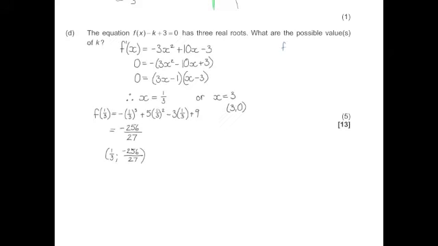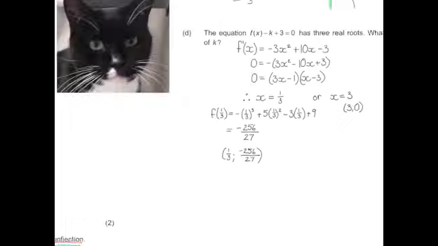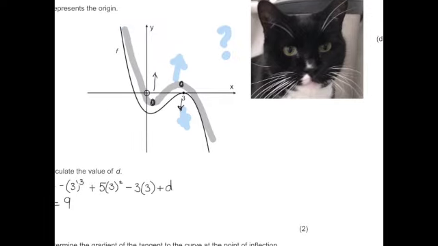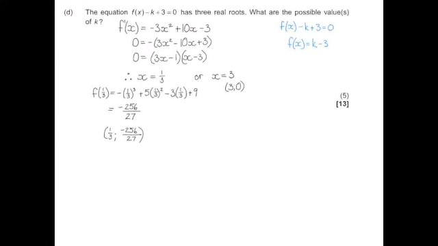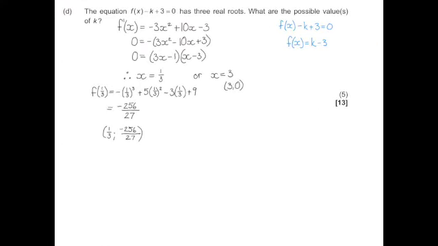I'm going to do that by rearranging this given information so that it becomes f of x is equal to all of that other stuff. So f of x is equal to k minus 3. If we're trying to shift it up so that we have 3 roots, remember that the up value is our y value. To move things up and down, we're focusing on those y values, and that's why we're going to use the y values from the turning points.